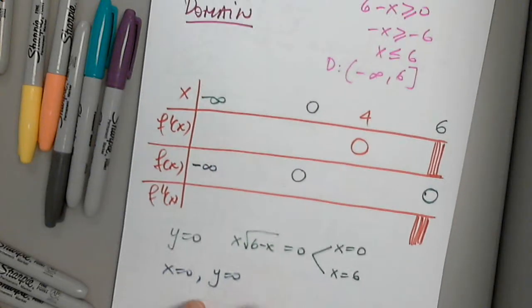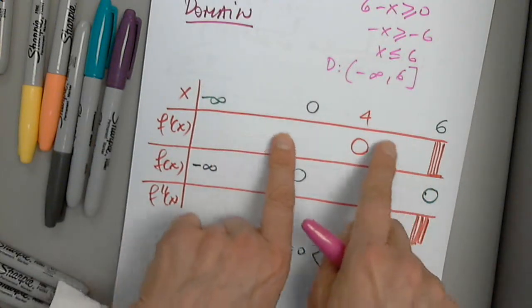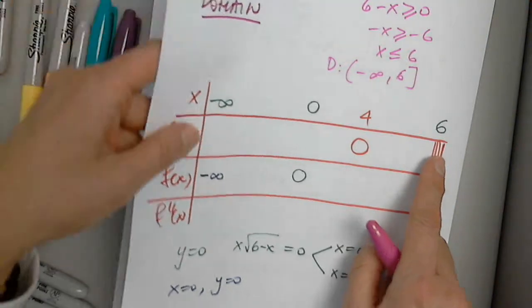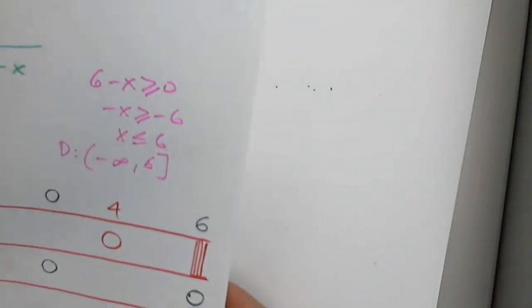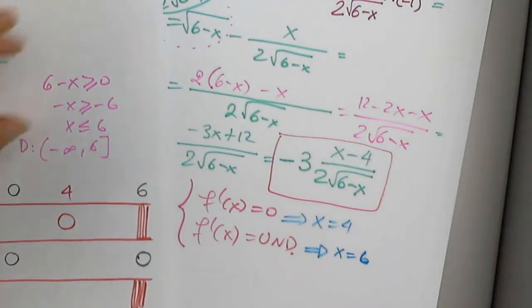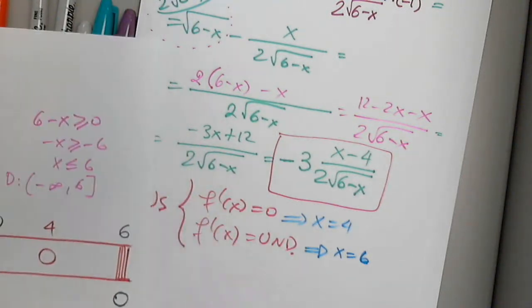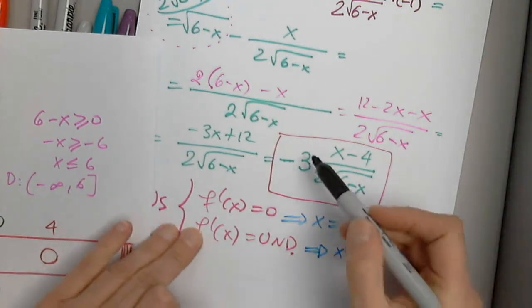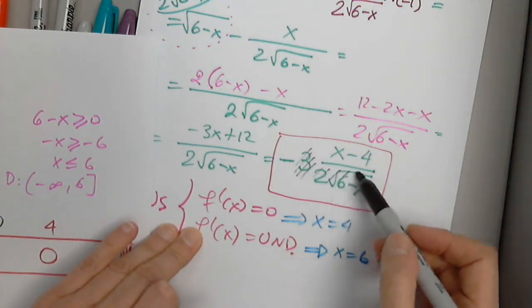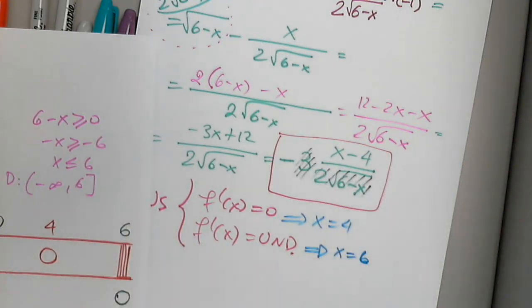Okay, now I have to study the sign of this function right here. So let's go back to the first derivative. Here's the first derivative. For the purpose of the sign, I will disregard these. Why will I disregard those? Just for the purpose of studying the sign.